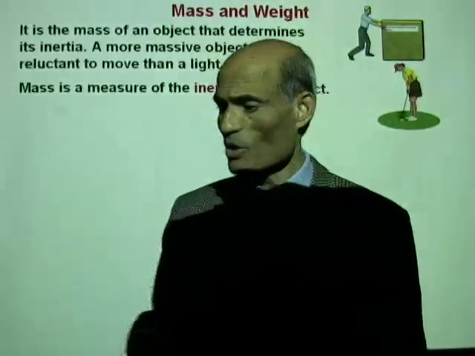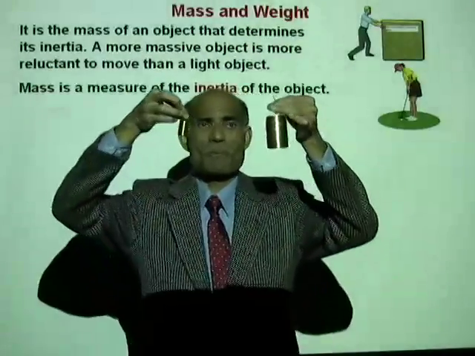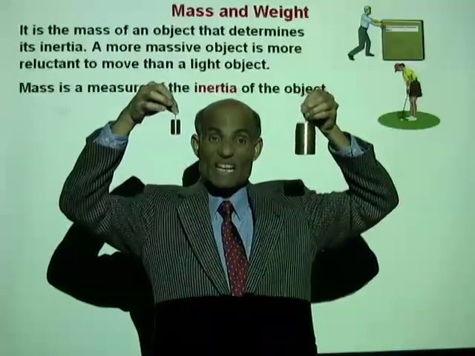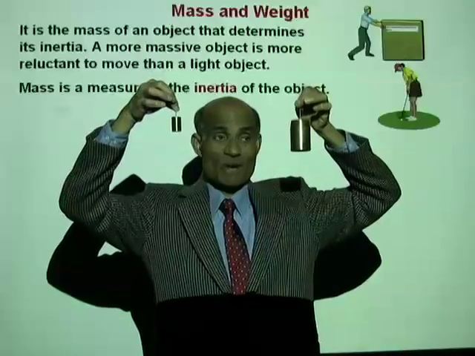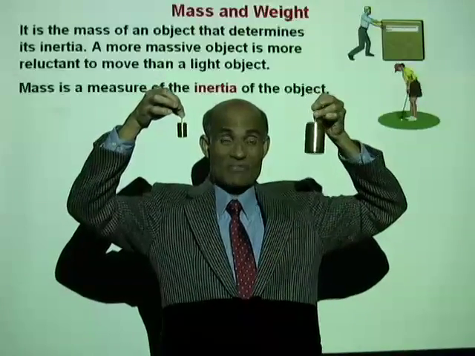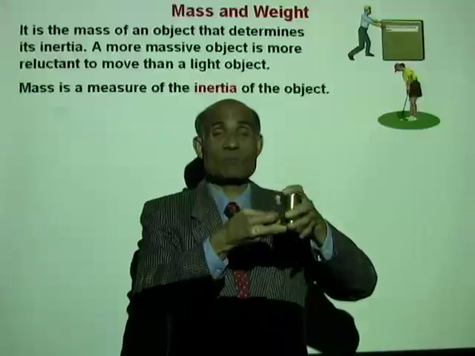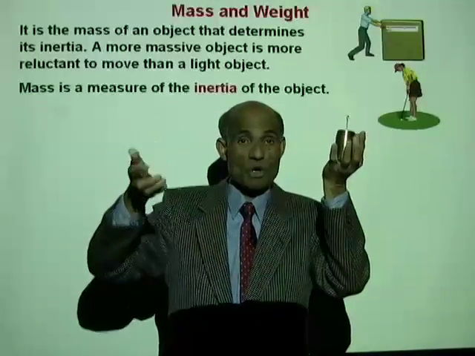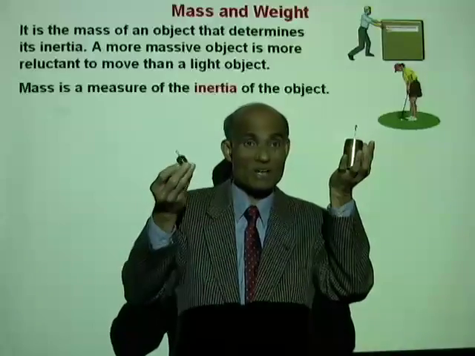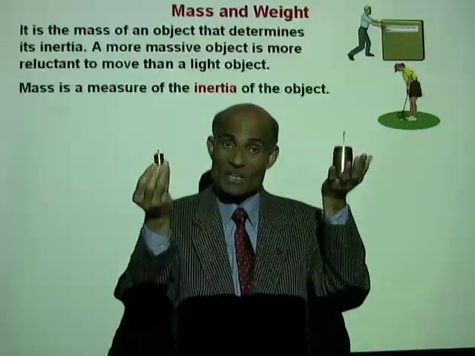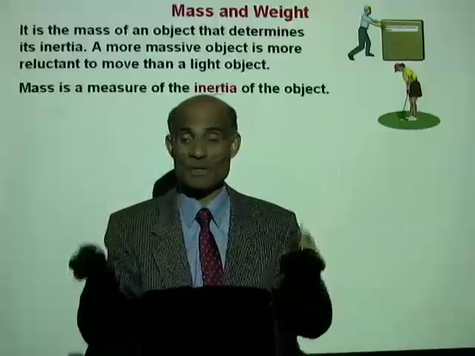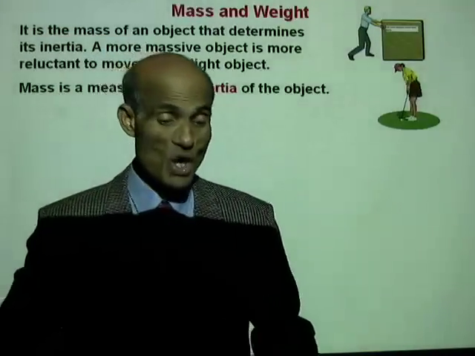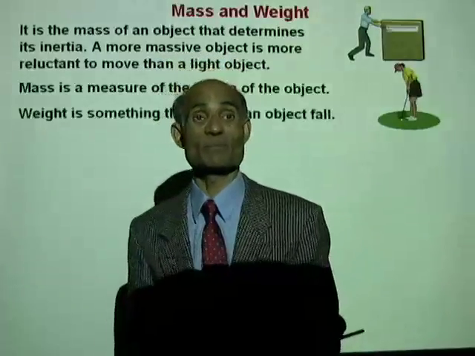If you now look at these two masses, I have two masses here, which has greater inertia? Well, the one on my left hand. Well, this has a greater mass because it has a greater inertia. This has a lesser mass, it has less inertia. So, mass is a measure of the inertia of an object or a particle.